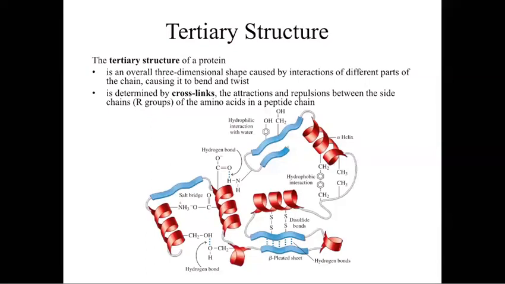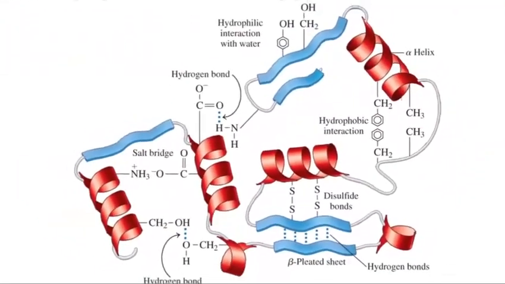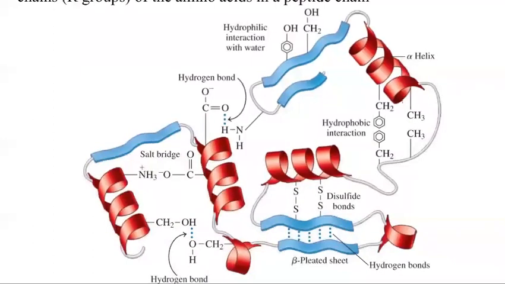Again, that is going to be specifically caused by the interaction of the different parts of the chain, bends and twists, but the main one is going to be the side chains of the amino acids, okay? Now, when it comes to the tertiary structures, there are a number of interactions that can happen, and I'm going to go through the list by specifically looking at them in this image, okay?